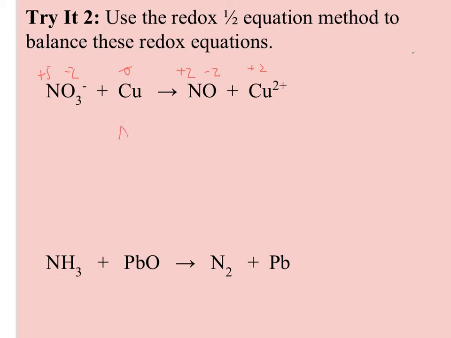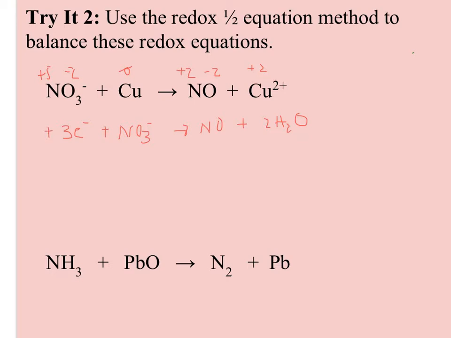So looking at the nitrogen, NO3 minus becomes NO. I have a reduction of +5 to +2 in the nitrogen, so that means my more positive side is the reactant side with the +5, and I need 3 electrons. My nitrogen is balanced. My oxygen is not, so I add 2H2O to balance that out.